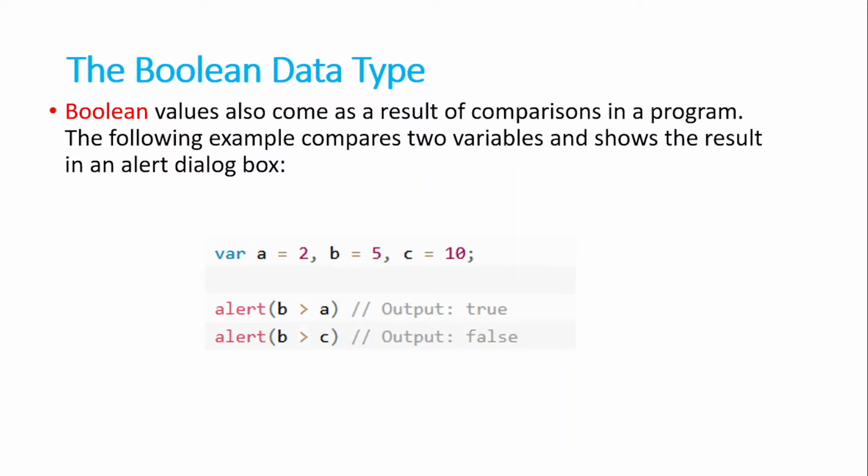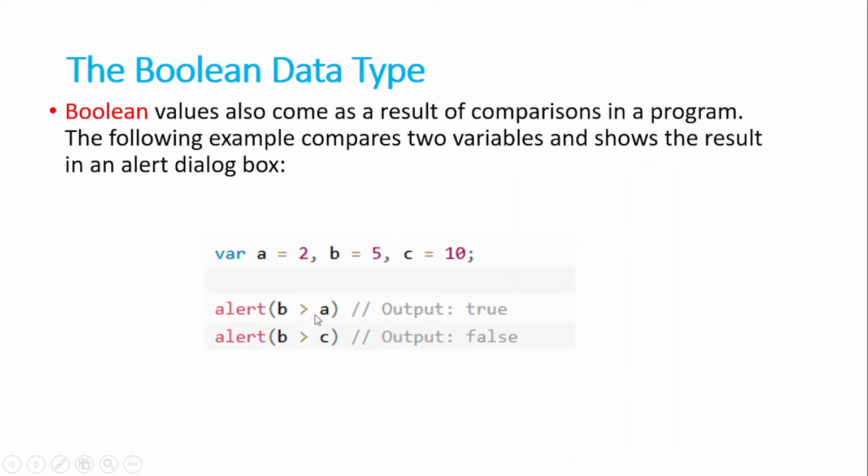The Boolean data type can also be grabbed or can also be stored like this. So you can see we are not storing anything in a variable now. We have created three number variables or number data types we have stored in some variables. You can see A is having 2, B is having 5, C is having 10.